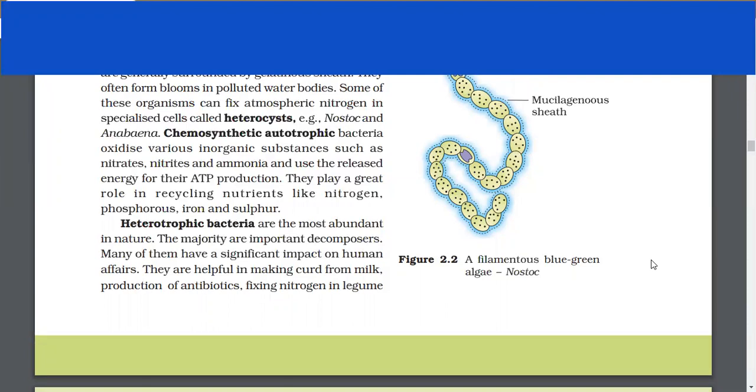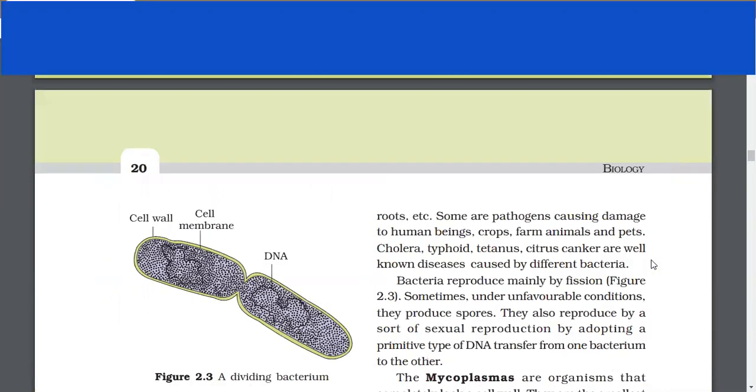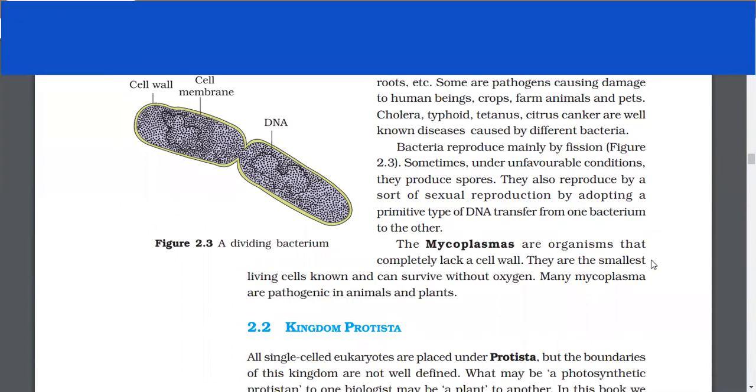Many of them have a significant impact on human affairs. They are helpful in making curd from milk, production of antibiotics, fixing nitrogen in legume roots, etc. Some are pathogens causing damage to human beings, crops, farm animals, and pets. Cholera, typhoid, tetanus, citrus canker are some well-known diseases caused by different bacteria.